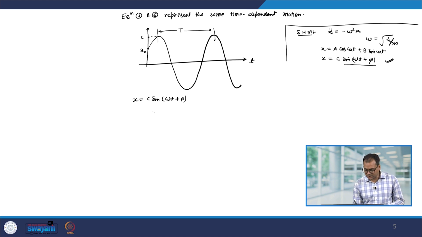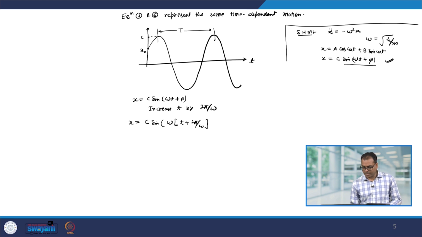Let us increase t by 2 pi by omega and see what happens. So, we have x equal to c sin of omega times t plus 2 pi by omega, plus phi.